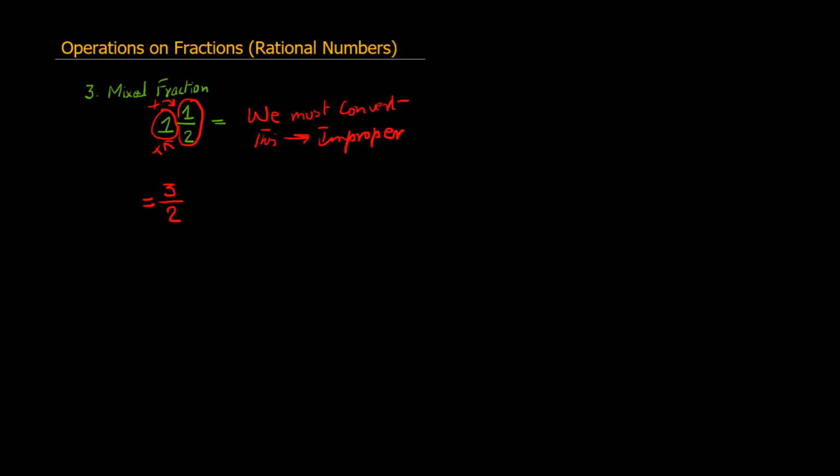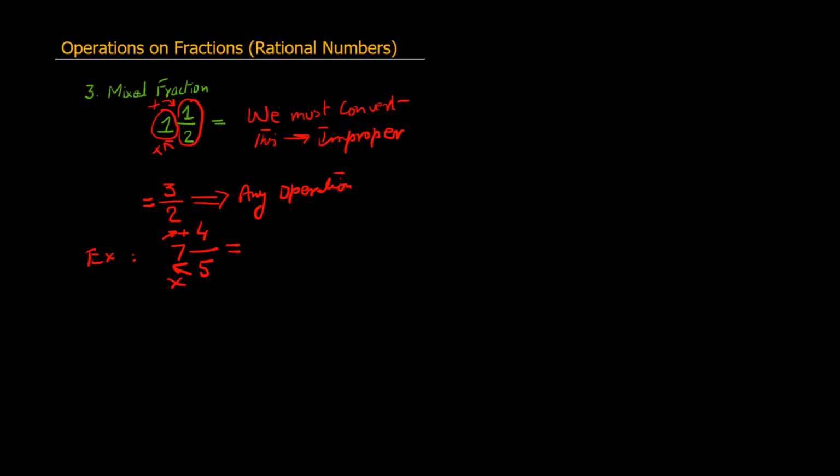And now we can perform any operation on this fraction. We can compare this with any other fraction, or we can find the inverse of this fraction, or add or subtract, divide, whatever. So let's take another example. 7 4/5. So this is a mixed fraction. So this is equal to 5 multiplied by 7 and we add plus 4.